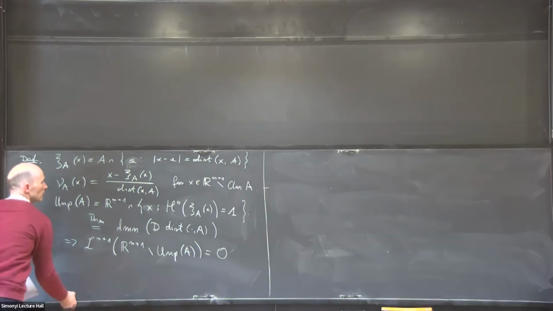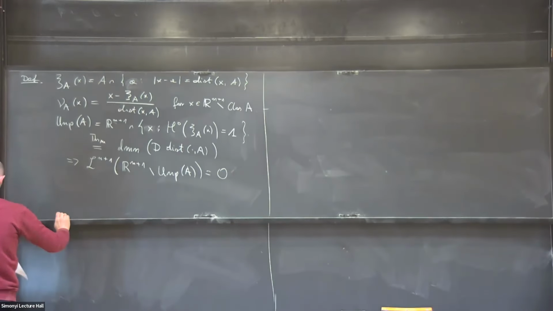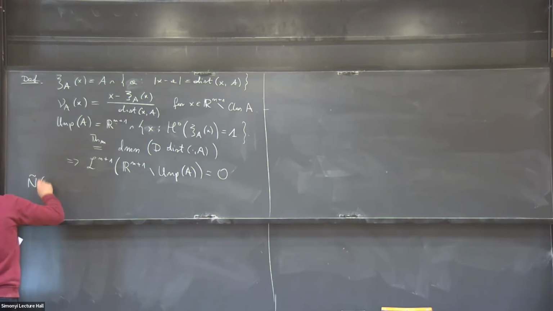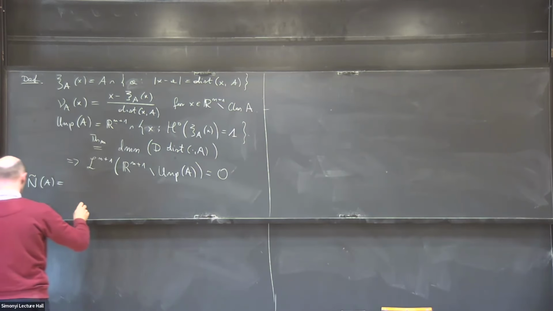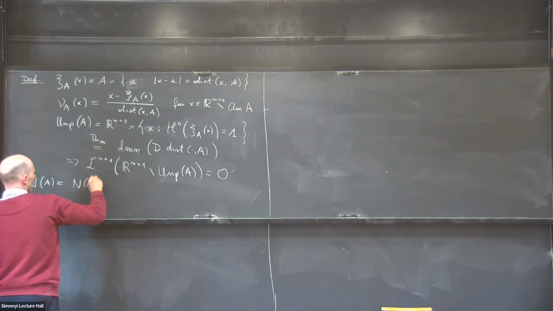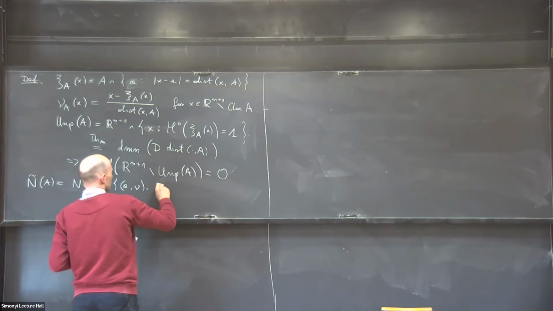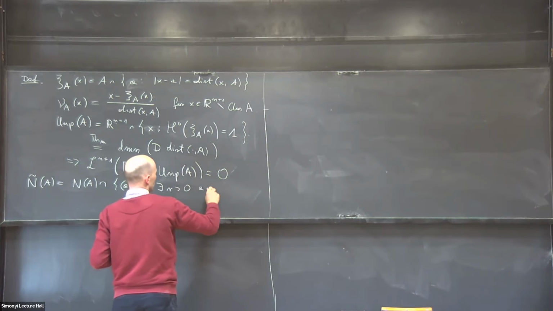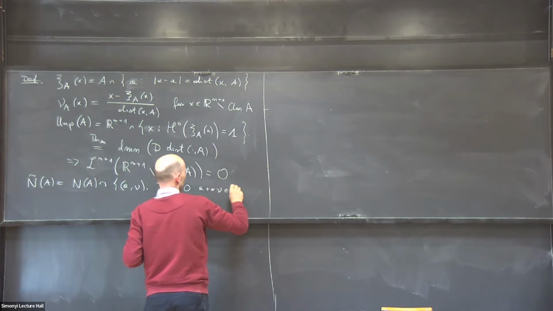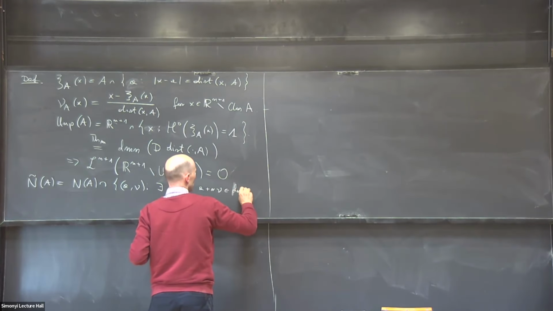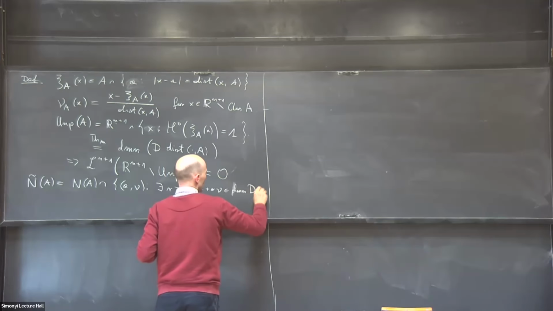Then we define some other things. Delta A will be the subset of the normal bundle consisting of those (a, nu) such that there exists some r positive such that a plus r nu is a differentiability point of the distance function.